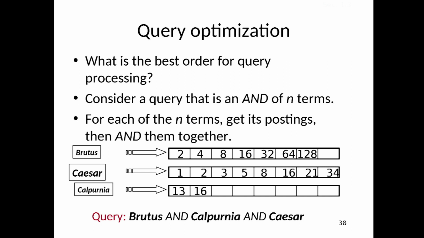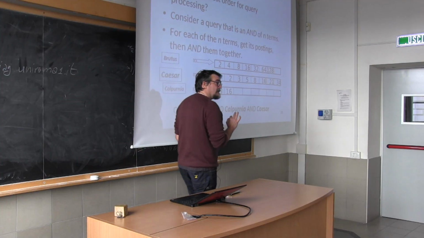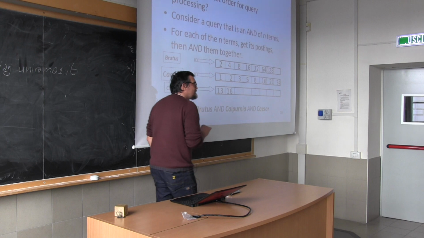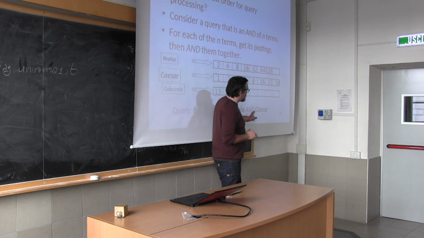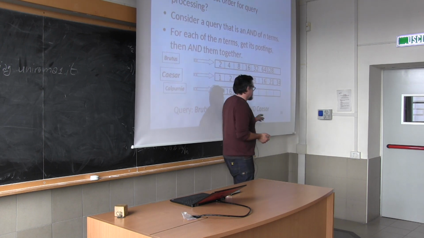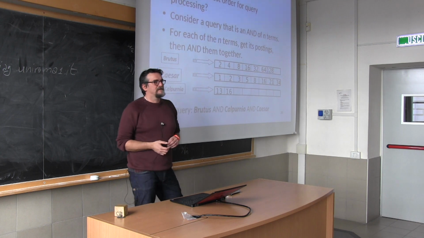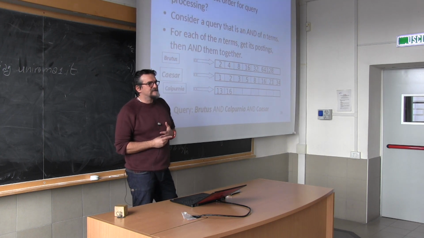So first question. In terms of efficiency, if I do the AND of Brutus and Calpurnia and then Caesar, or whatever else, Calpurnia and Caesar and then Brutus, in terms of effectiveness, it is the same.